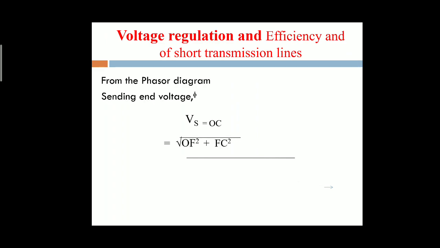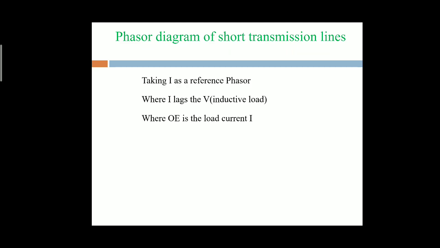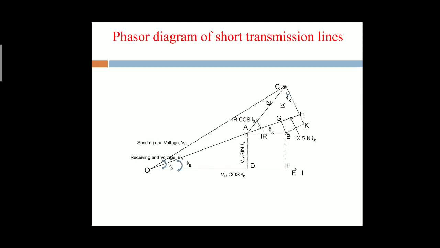In the case of a short or medium transmission line, the phasor diagram is a very important consideration. By using this phasor diagram only, we derive the formula for the voltage regulation.